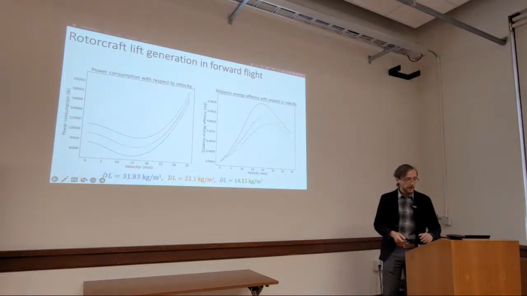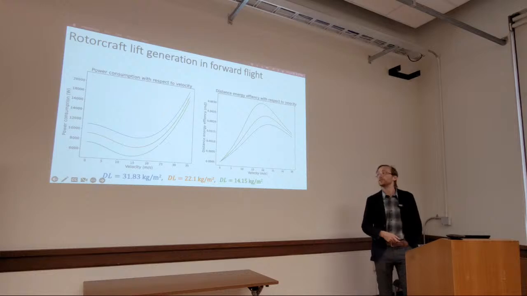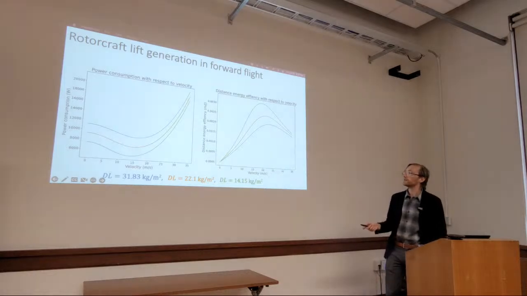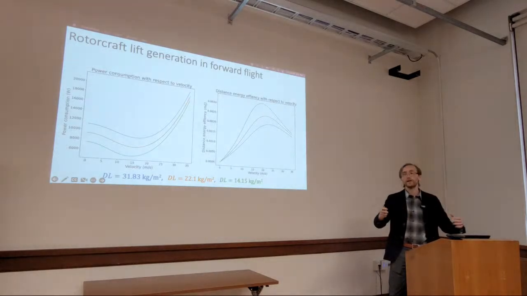And now the question is, what happens if we compare different disk loadings regarding that power efficiency? So here, I take the example of the same vehicle, same parameters, and only the disk loading changes by changing the rotor area.